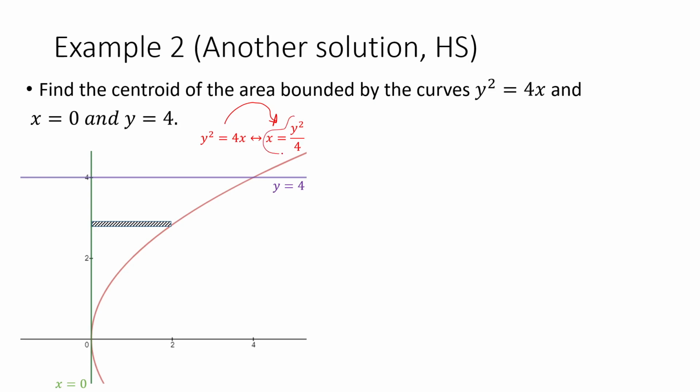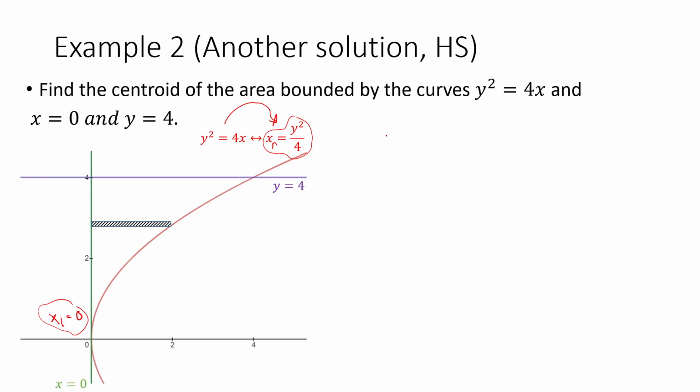So the right hand part of the horizontal strip is your x equals y squared over 4, so this becomes x sub r. Then the left part is the y-axis, or x equals 0, so this becomes x left equals 0.